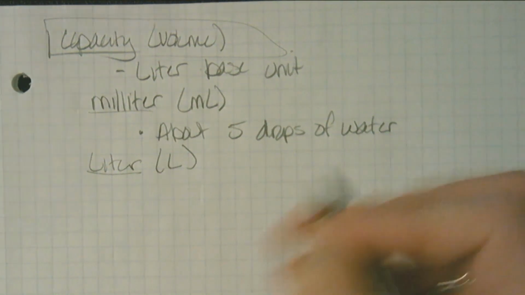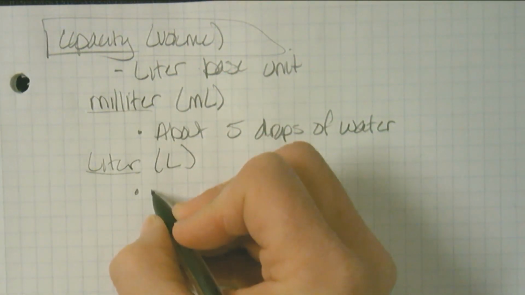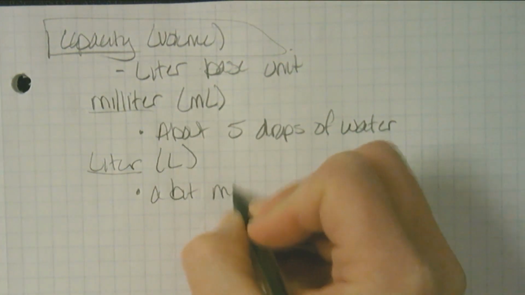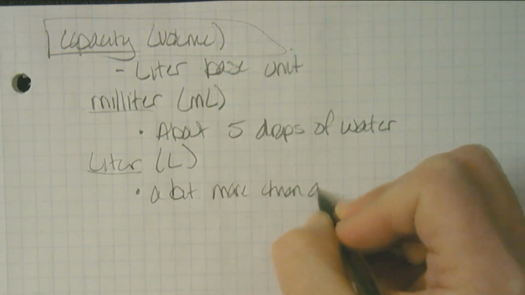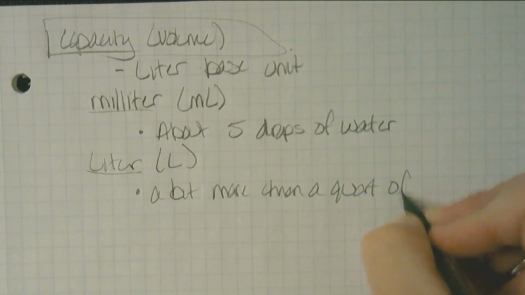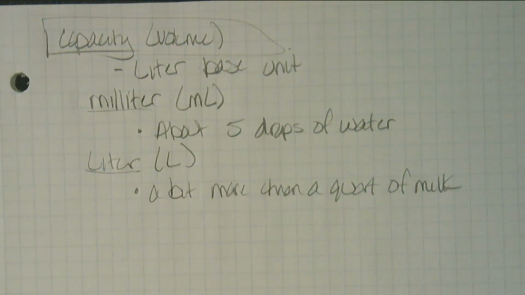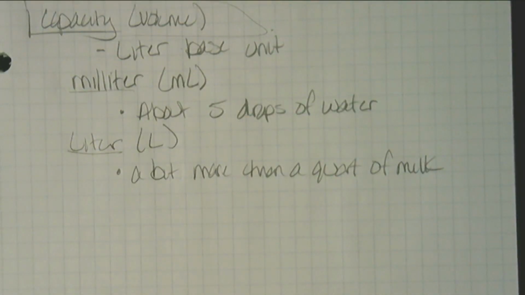That's a little bit more than a quart of milk. When you go get pop at the store for a party, your mom and dad get those big bottles of pop, those are 2 liters.